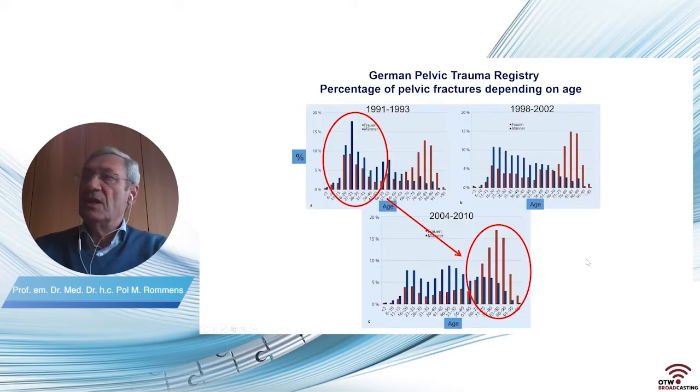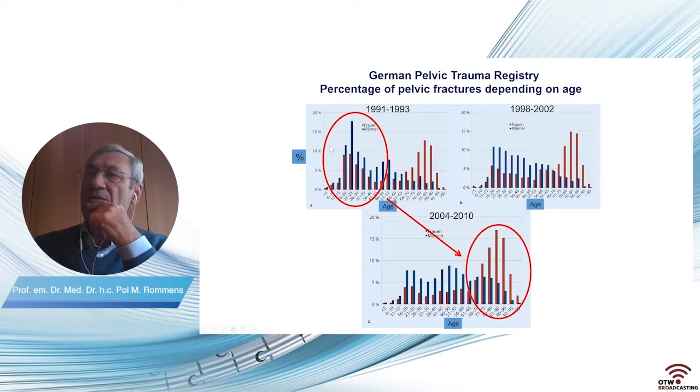This is the graphic of the German pelvic trauma registry. There are 3 different periods in this registry: 91 to 93, 98 to 2002, and 2004 to 2010. And here you see the incidence of the pelvic fractures depending on the age and on the sex.